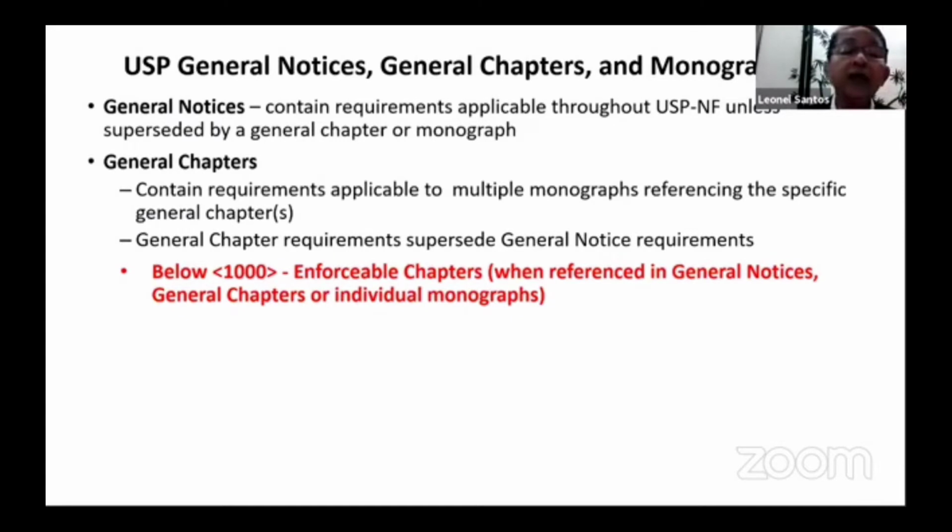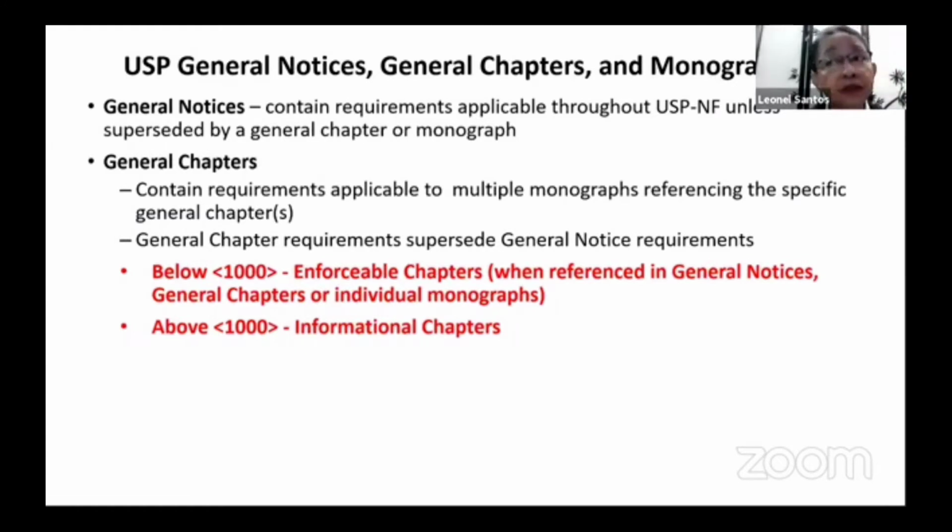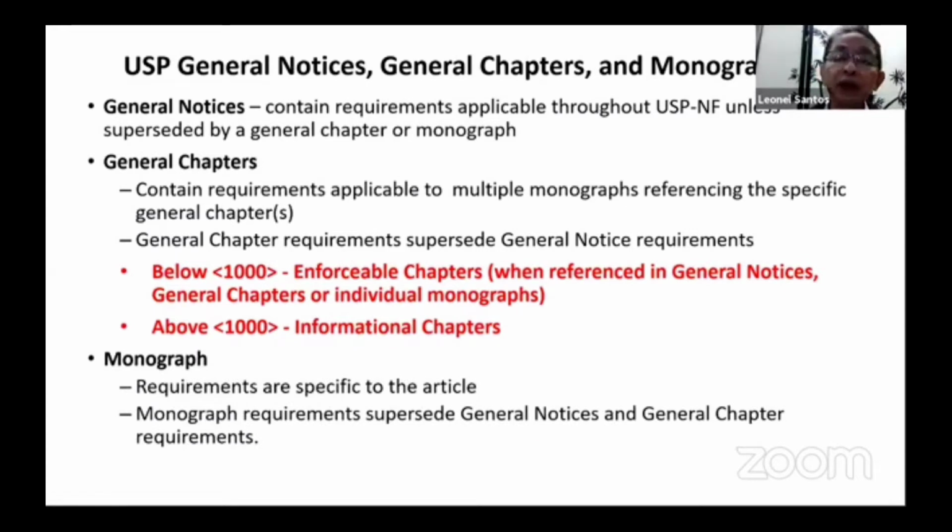If they are numbered below 1,000, they are termed enforceable chapters. If they are numbered above 1,000, those are general chapters that are informational. General chapters can be procedural, which means they tell you a procedure or test method, but they can also be guidance general chapters. And finally, we go down to the one that supersedes both the general notices and the general chapter, which is the monograph.